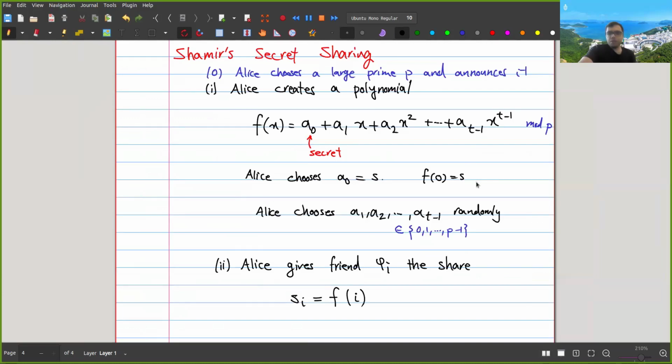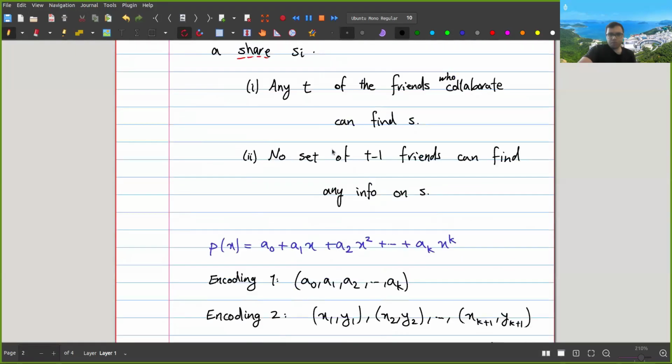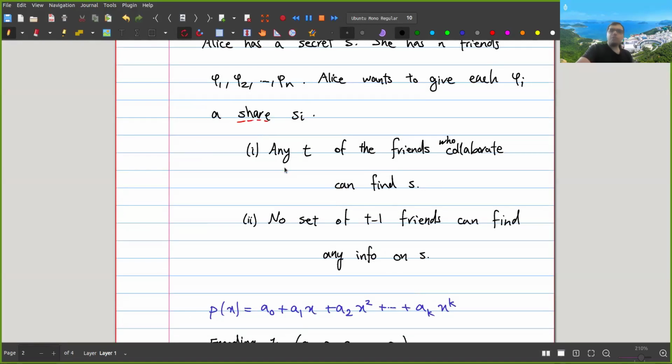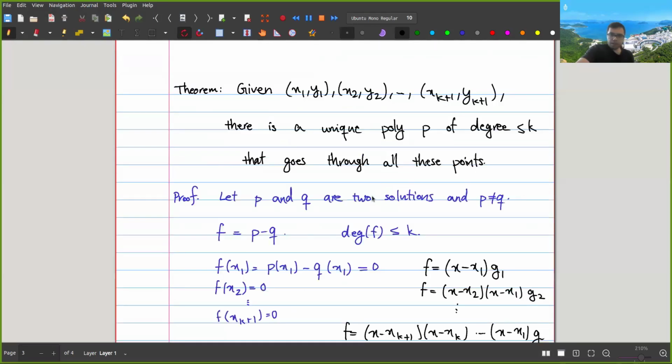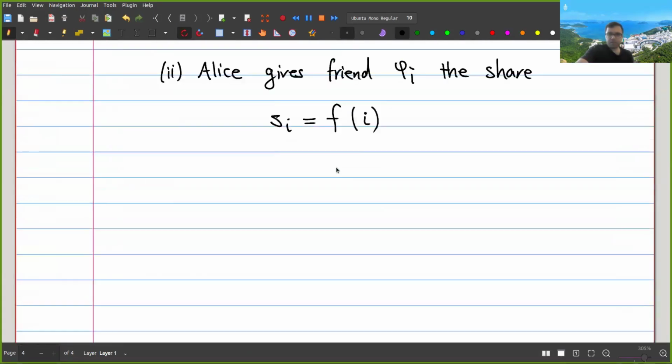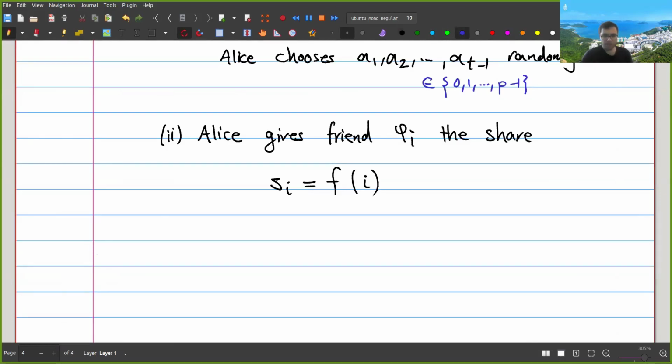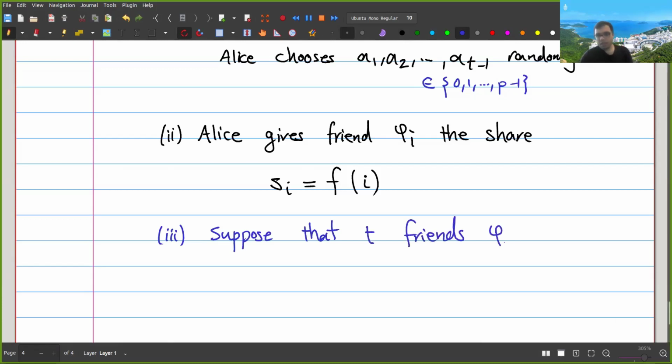Now, I want to show that I satisfy these two desired properties. I want to say that if t of my friends come together, they can recreate my secret. Let's see what happens when t of the friends come together. This is part 3. Suppose that t friends, let's say phi i1, phi i2 to phi it, come together.